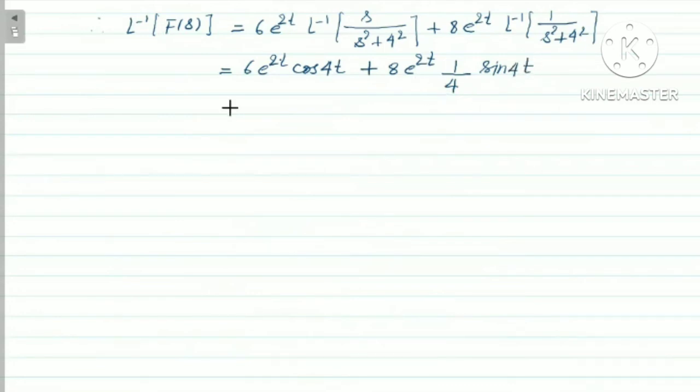Sir, the formula for sine 4t that we had was a upon s square plus a square. Here a is 1 on top. Look, what is the formula for the Laplace transform of sine at? This is not inverse, this is only Laplace. The Laplace transform of sine at is a upon s square plus a square.